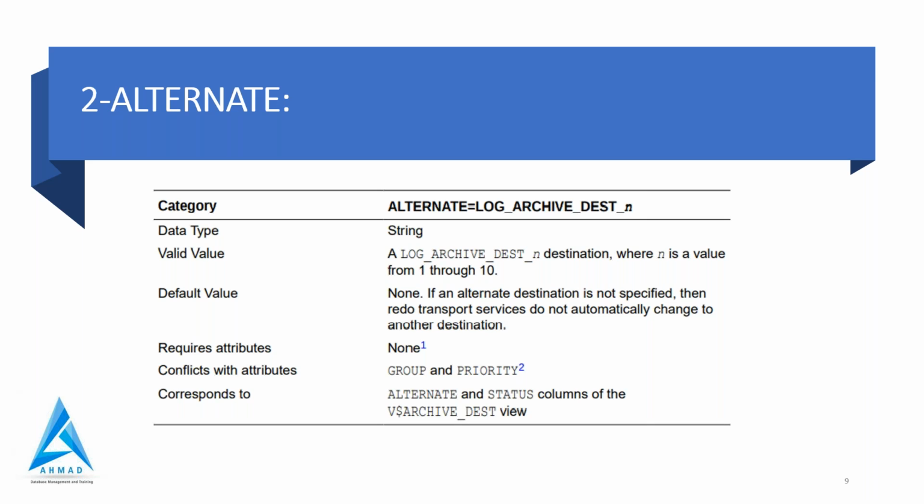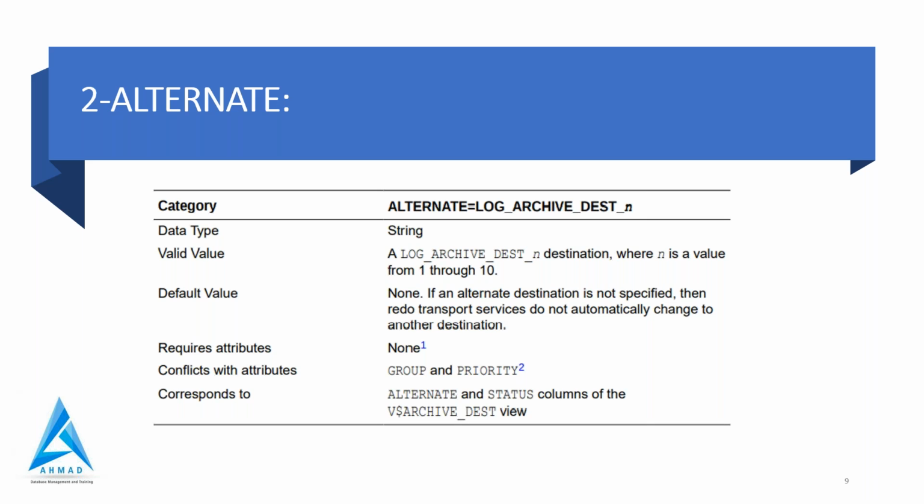The alternate attribute, as I said, is optional. To configure an alternate destination, you can set the LOG_ARCHIVE_DEST_STATE_n parameter to alternate, and also that state of the alternate should be enabled.